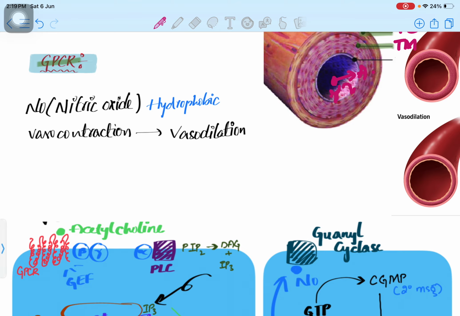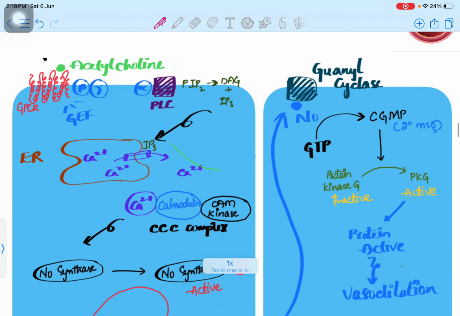The ligand is acetylcholine, which will attach here, then NO will form and be given to the tunica media, where the dilation process will happen. Let's try to understand how this happens. This is our tunica intima, where acetylcholine will attach to the GPCR. I don't need to explain how the GPCR receptor looks. After attachment, GEF activation happens.